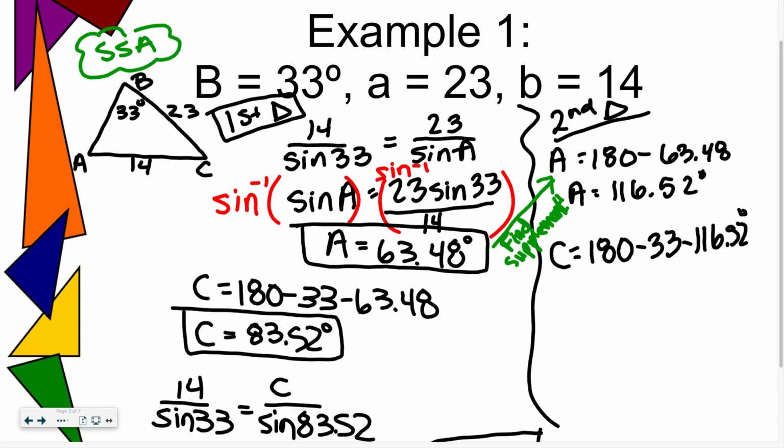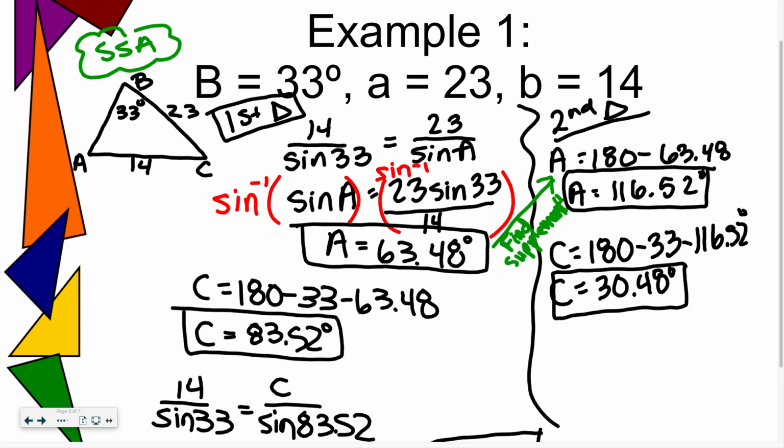Seems like a reasonable value for an angle. I have no reason to question it. I got a new A, the supplement. I got a new C, just using the fact that they have to add up to 180.